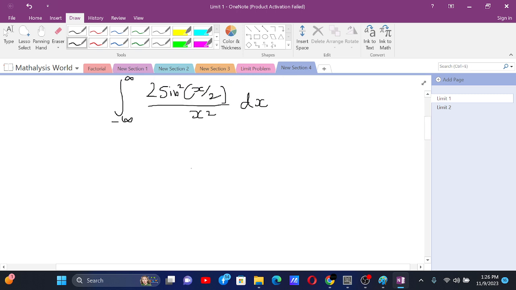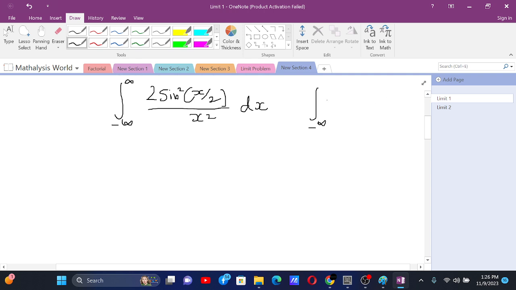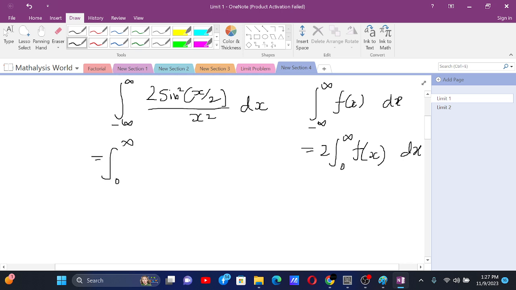Since both are even functions, if the integral is from negative infinity to infinity of f of x dx and f of x is even, we can make it 2 times the integral from 0 to infinity of f of x dx. So that will give us the integral from 0 to infinity of sine square x by 2, and we will have here 4, so that goes to the denominator to give us x by 2 whole square dx.